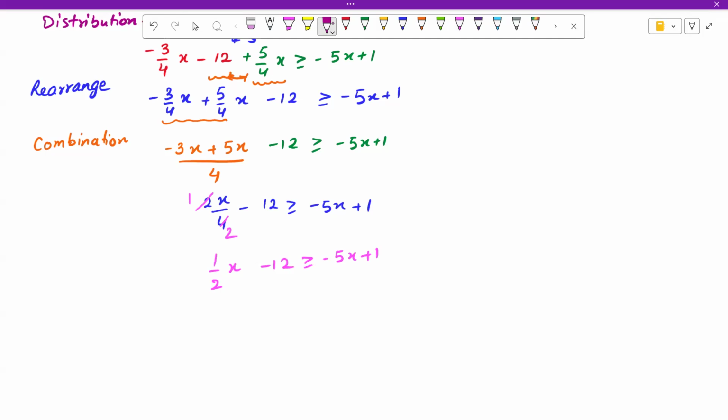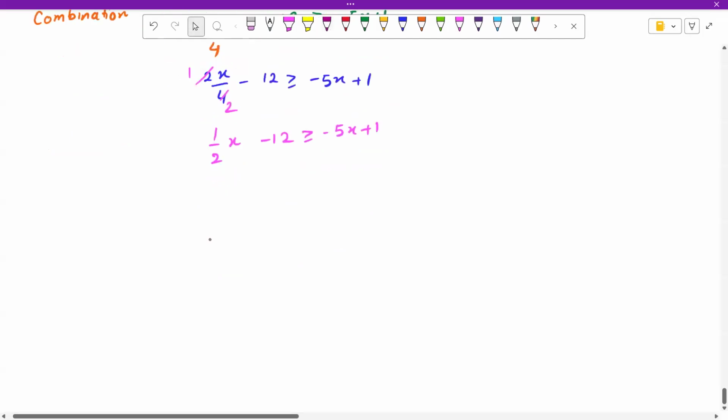Okay, so now as we have simplified it, what is the next thing we can do? We could do plus 12. Yes, we have to do the separation of constants from the variables.